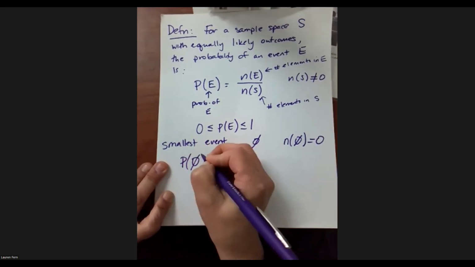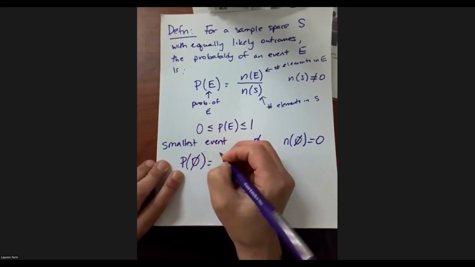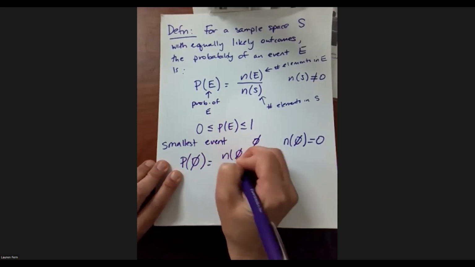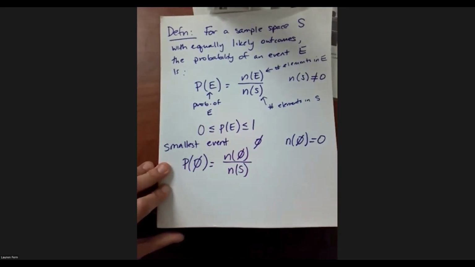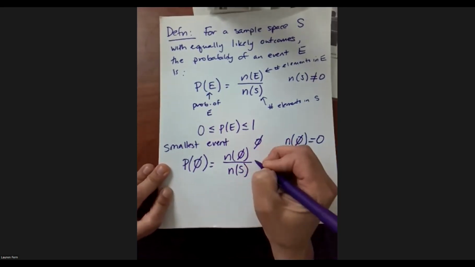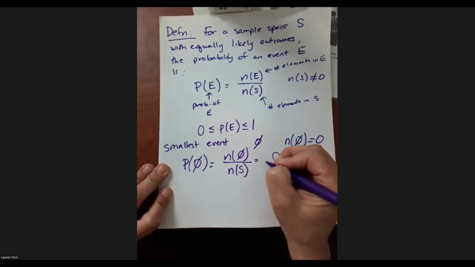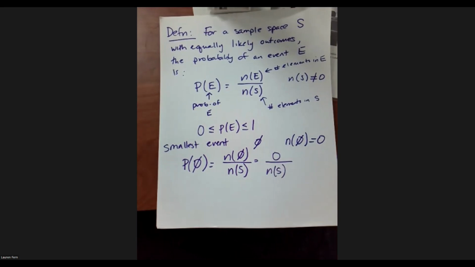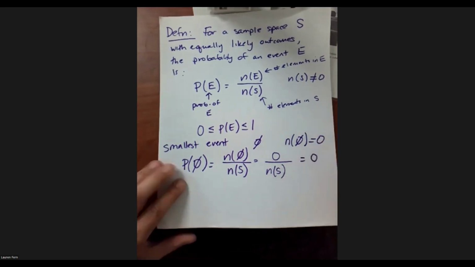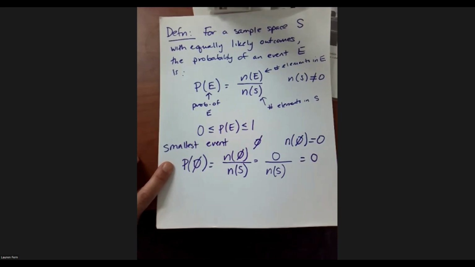So we could say, well, the probability that you get the empty set is the number of elements in the empty set divided by the number of elements in the sample space. We know that there's nothing in the empty set, and we could care less how many are in the sample space, because what is 0 divided by any number? 0. Therefore, the smallest a probability can be is 0.